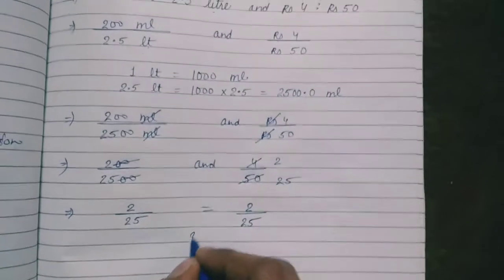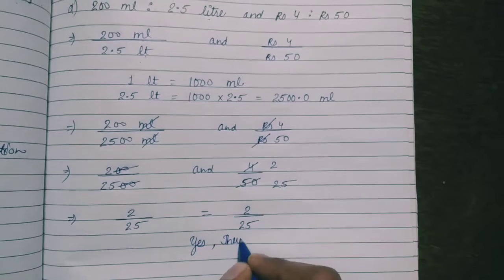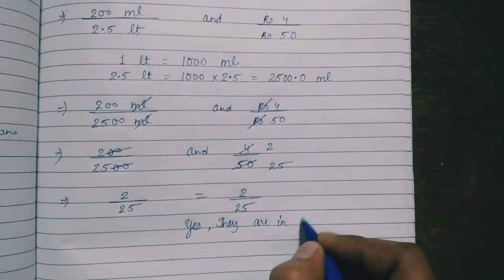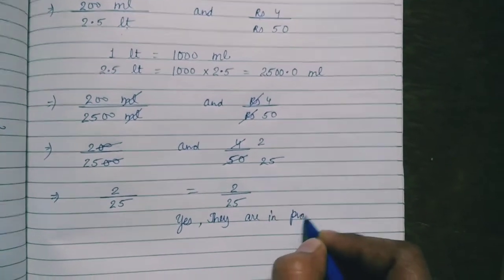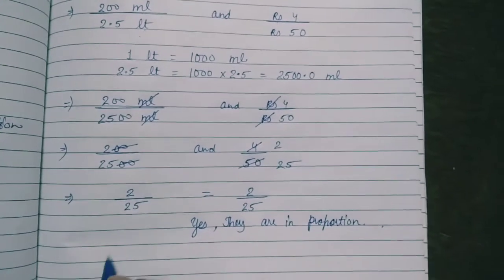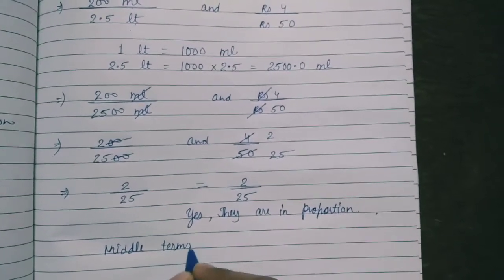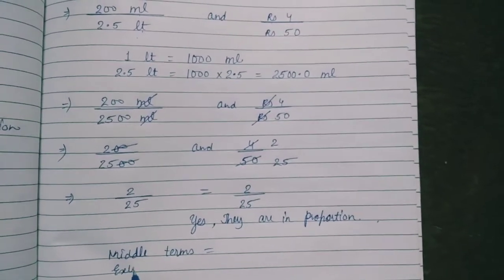So here we will write yes, the given ratios are in proportion, and since they are in proportion, we are writing their middle terms and extreme terms.